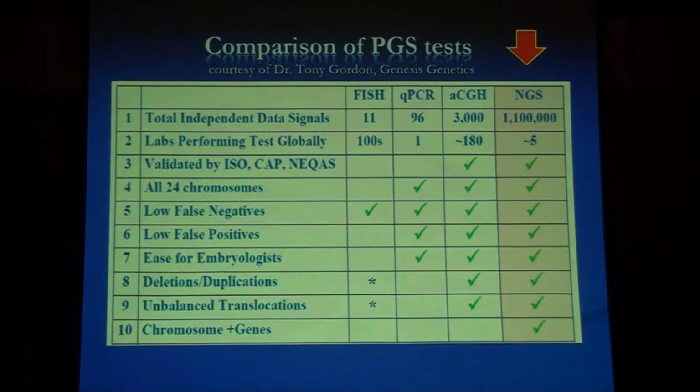Using next generation sequencing, you can study the 24 chromosomes, and you can study single gene anomalies, and you can even customize multiple genes to study. So you can screen or detect different genes. At the same time, you can have a chromosomal profile for the 24 chromosomes.